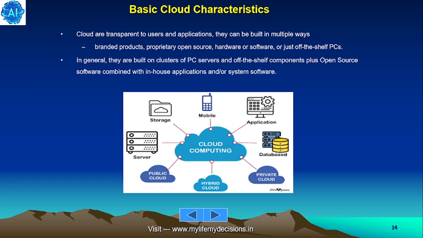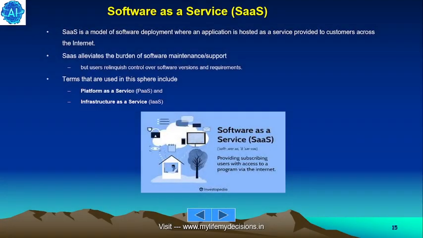In general, they are built on clusters of PC servers and off the shelf components plus open source software combined with the in-house applications and system software. From the picture in front of your screen, you can try to make out the structure of these cloud characteristics.